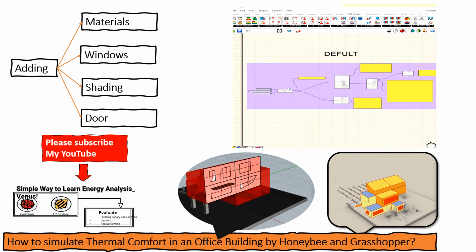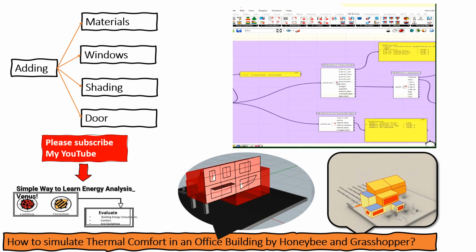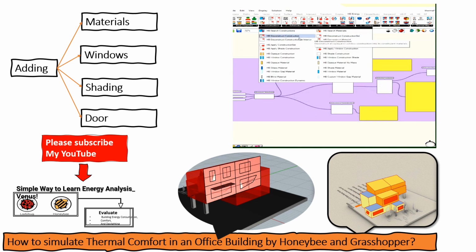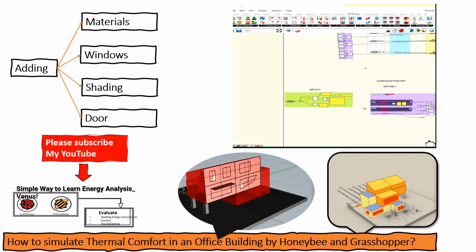You can add it with this component, the HB opaque material, which you can find on the Energy Plus tab, part 1, construction. And just review everything that I did. You can use the construction for that.